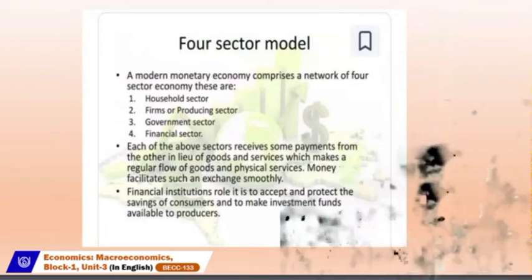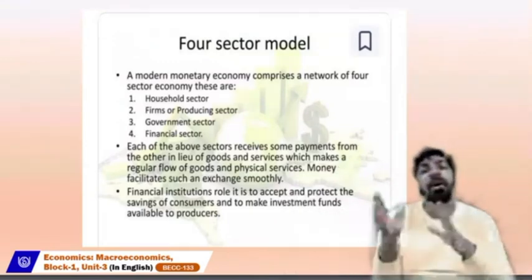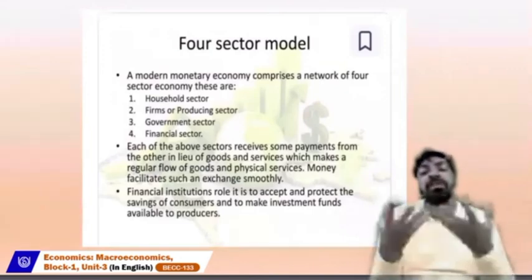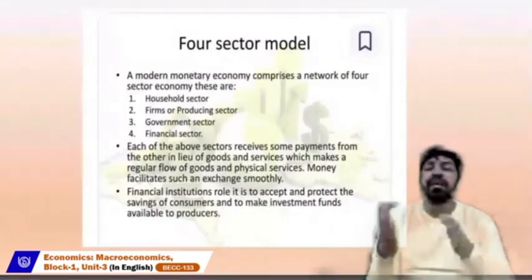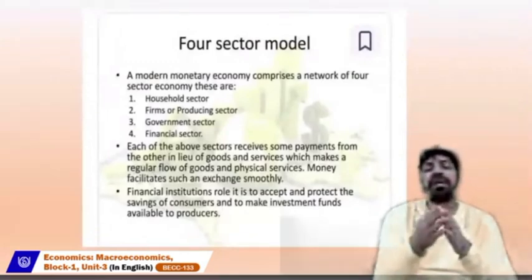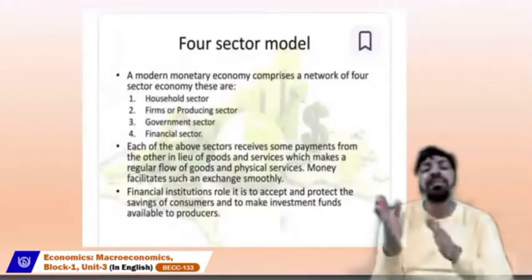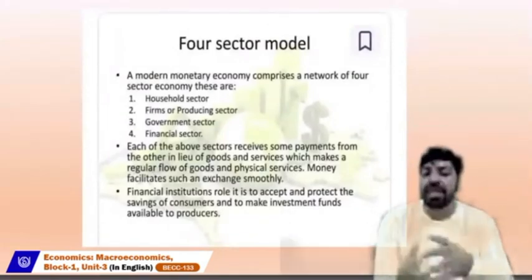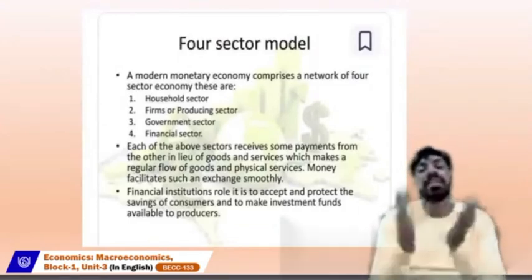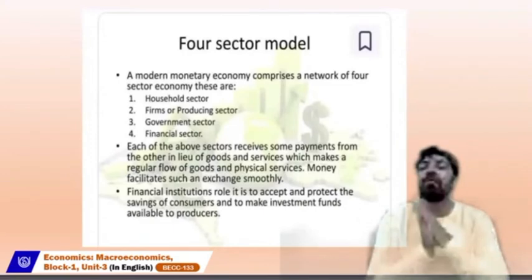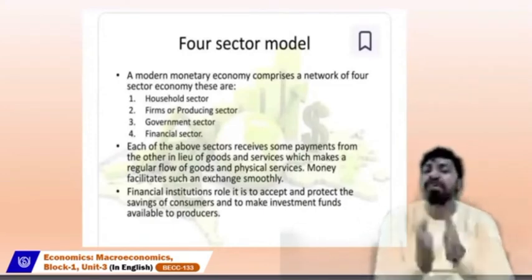So each of the above sectors receives some amount of payments in the form of producing or selling goods and services, which runs a regular flow of goods and services. And when we talk about the exchange of income, the exchange of money always takes place in all of the sectors.